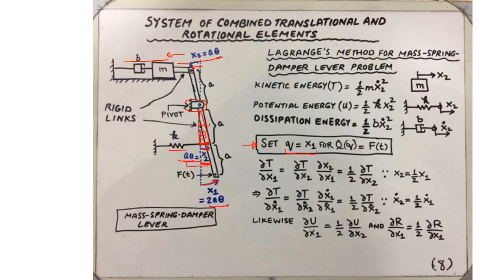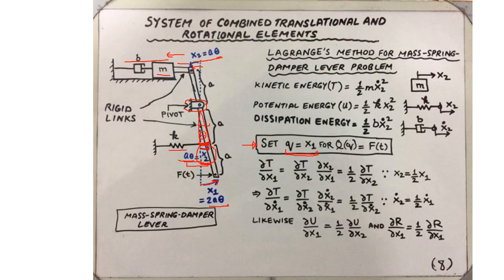The other displacement variable that is appearing and seems to be associated with the spring and the mass m is x2, but that is just half of x1. So really, there is only one independent variable, which can be taken as theta or x1 or x2. In this case, we have selected q equals x1.